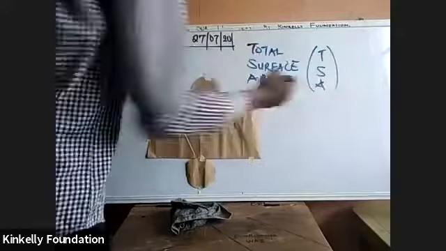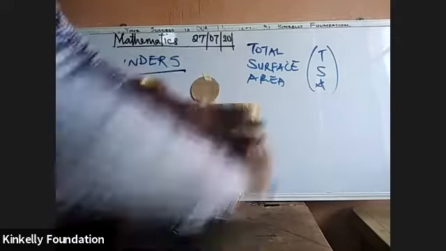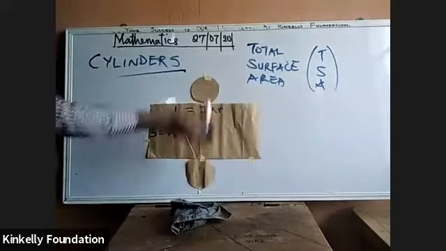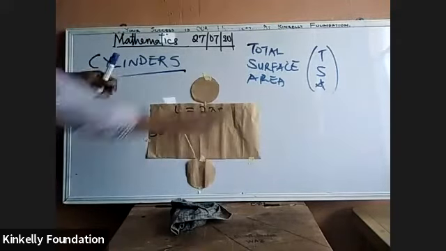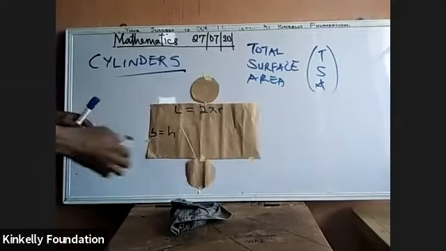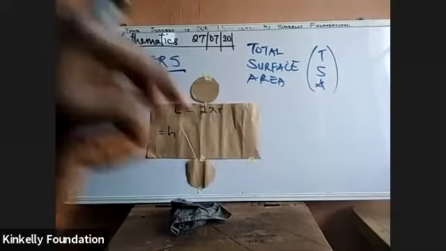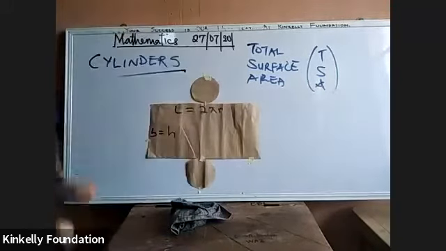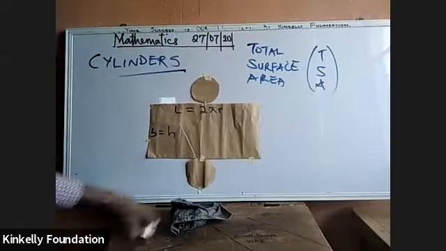Now, looking at this figure on the board, what we mean by total is all and all: the top surface, the side, and the bottom. You know that a solid cylinder is a cylinder that is closed at both ends.